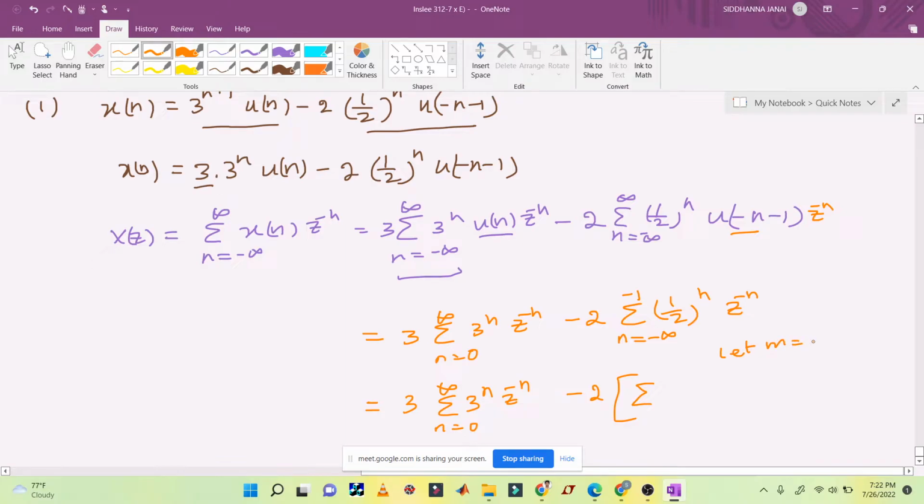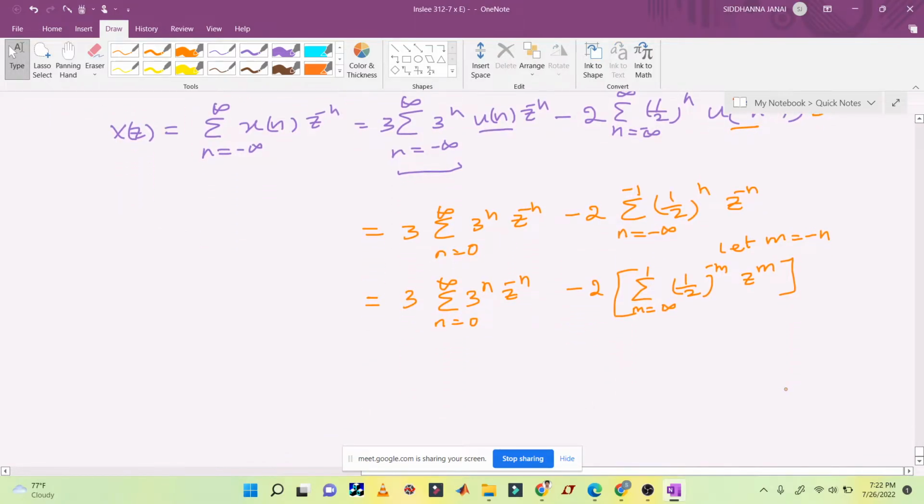Let m is equal to minus n. So what can you write? m is equal to plus infinity to 1, 1 by 2 to the power minus m, z to the power m. Very good. So this is what we are going to get.